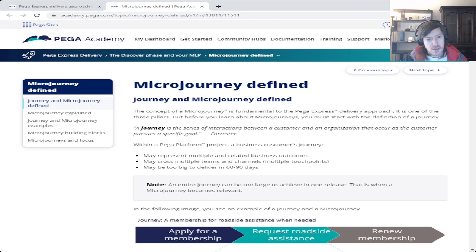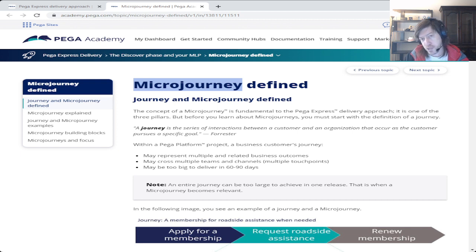One of the things that was throwing me off was that I never really explained too much about what the microjourney was all about. I saw it as very similar to the case life cycle.